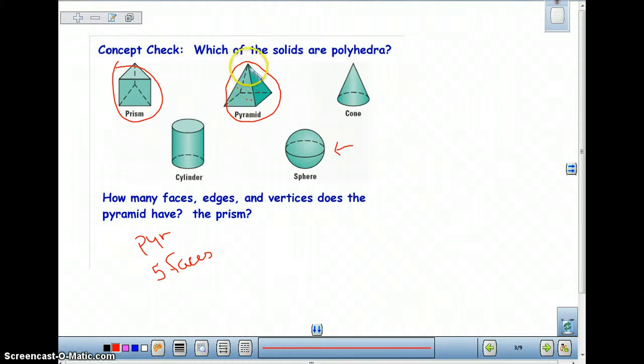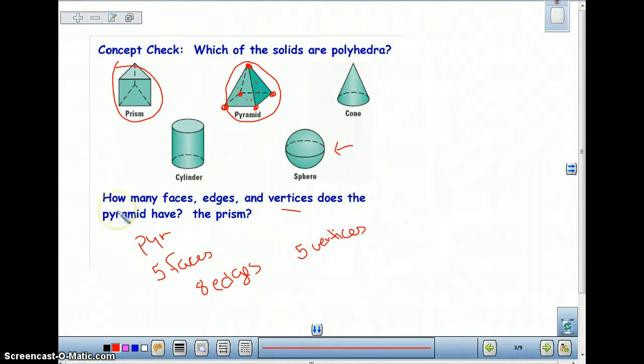We've got 1, 2, 3, 4, and then we go around the edges and see them, so 5, 6, 7, 8 edges. And for vertices, going around here we've got 1, 2, 3, 4, and then one up on top gives us 5 vertices.